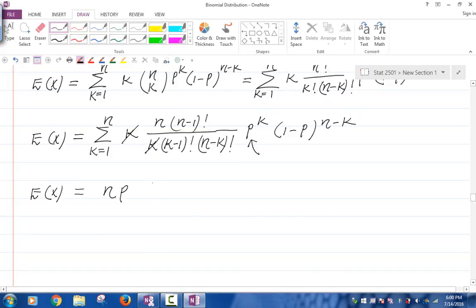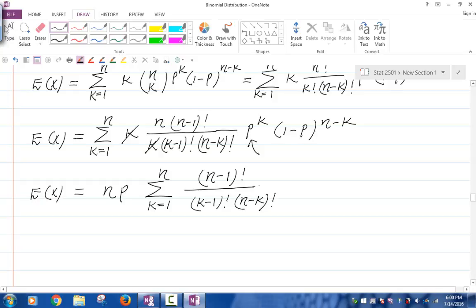So if I do that, what I get is k going from 1 up to n, n minus 1 factorial over k minus 1 factorial, n minus k factorial, p to the k minus 1, because I factored out a p, and then I have 1 minus p to the n minus k.